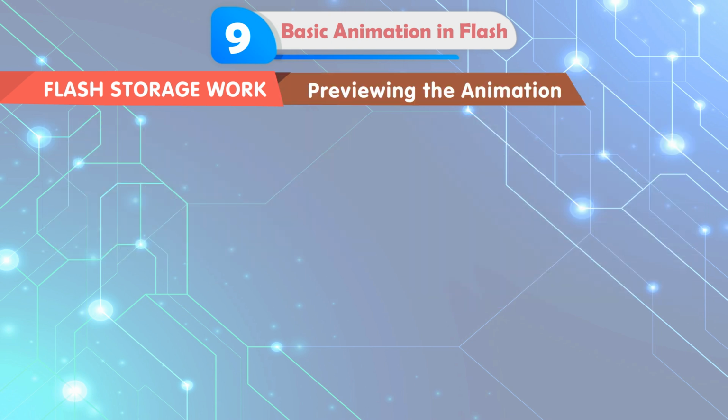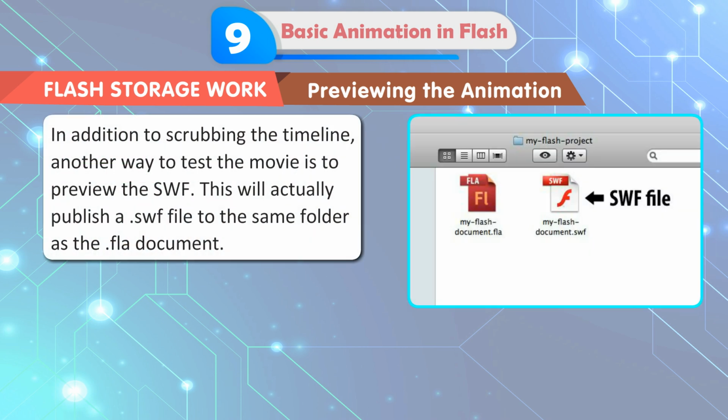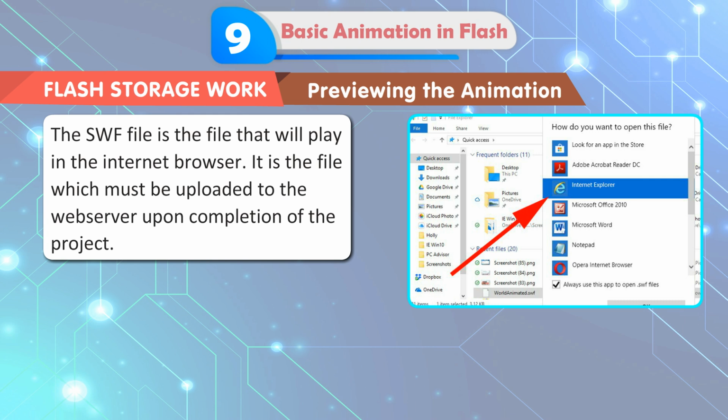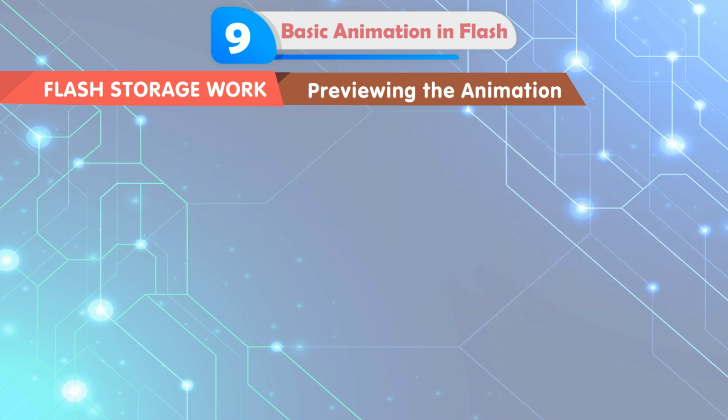Previewing the animation. In addition to scrubbing the timeline, another way to test the movie is to preview the SWF. This will actually publish a SWF file to the same folder as the .fla document. The SWF file is the file that will play in the Internet browser. It is the file which must be uploaded to the web server upon completion of the project.